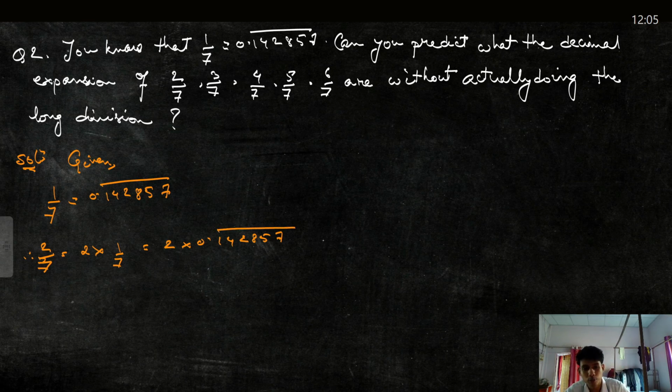Now we simply have to multiply this whole number with 2. 7 times 2 is 14, 4, 1 carried over. 5 times 2 is 10, 11, 8 to the 16, 17, okay, 2 to the 4, 5, 4 to the 8, 2 1 the 2, 2 0 the 0. Therefore, the value of 2 by 7 is 0.285714.